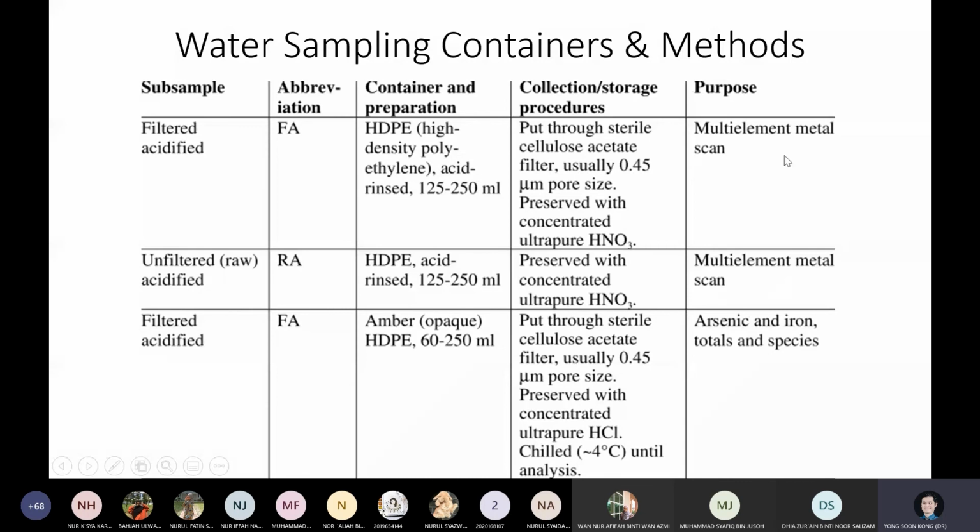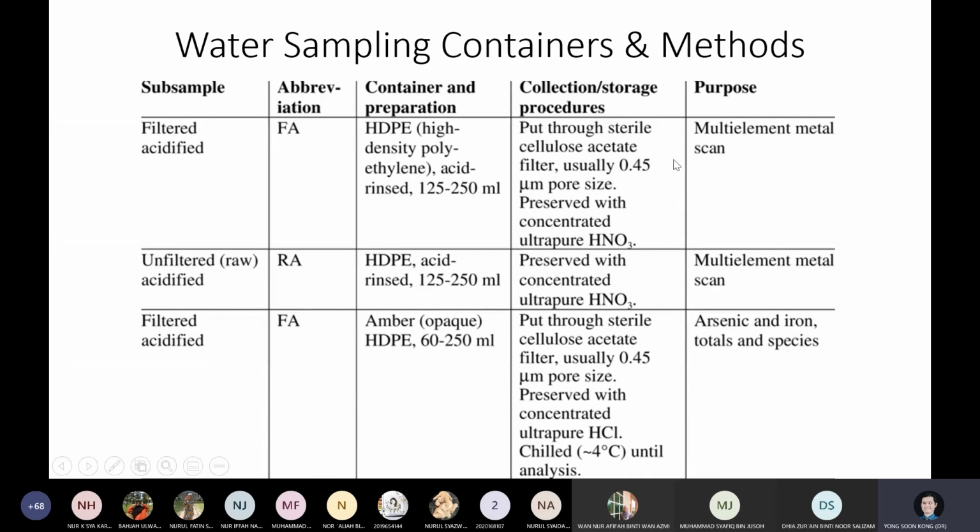If you want to analyze metal as usual, the nitric acid has to be here. But there are certain things that you need to follow also, like the filtration. Some of the analysis, in order to be accurate, might require filtration. Like for this one, it requires filtration with a 0.45 micron filter.